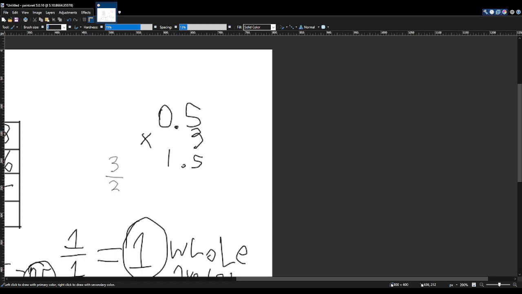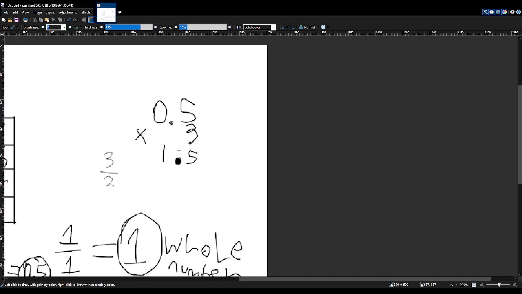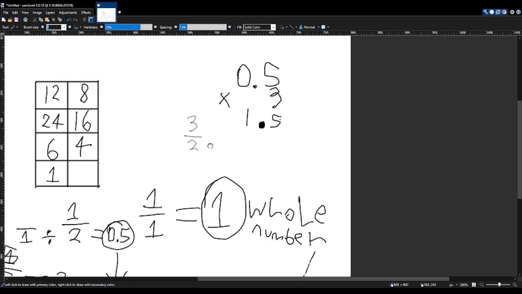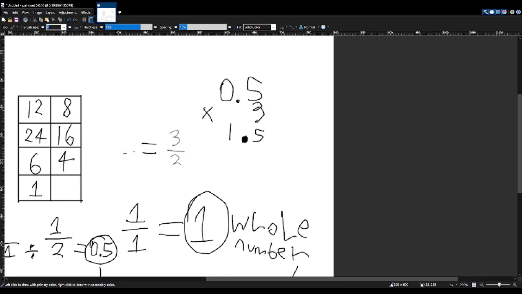Now the decimal carries over, since 3 times 0 equals 0, so this does not add up to anything except 3 times 5 equals 15. But the decimal does carry over, remember that.